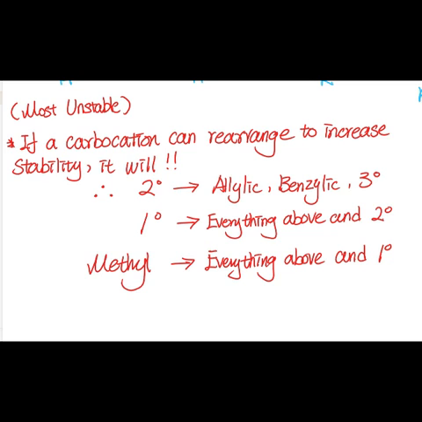The methyl basically will just change. It will change into anything above, including primary carbocation, because it's the most unstable. Anything is more stable than a methyl carbocation intermediate. So it will change itself to become anything but itself. Ironically.